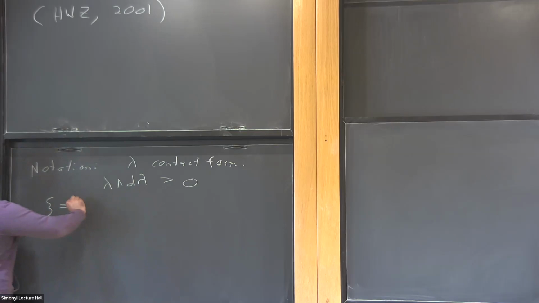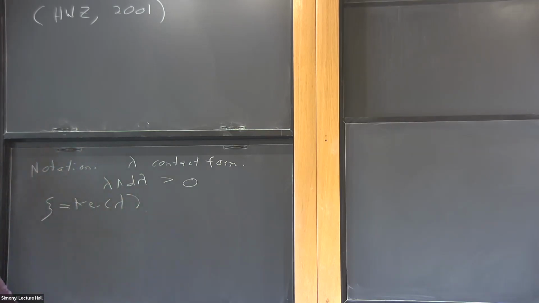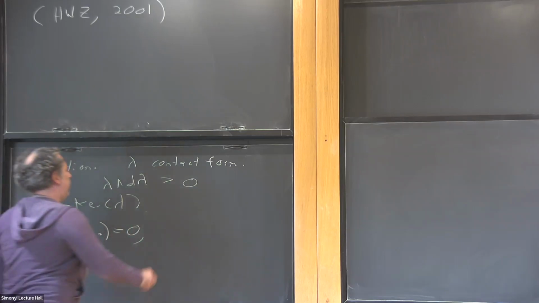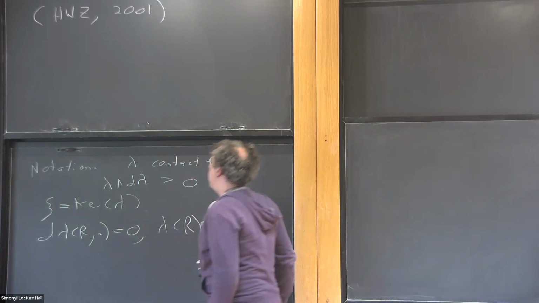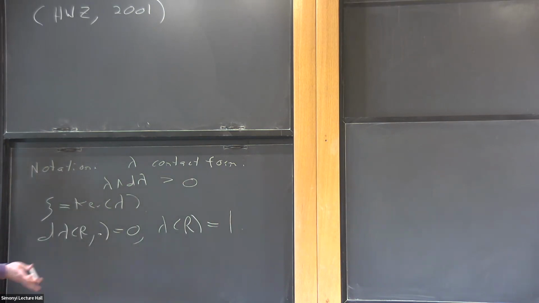So I'm going to be interested in the kernel of lambda, the associated contact structure. And I'm also interested in the so-called Reeb vector field, which is in the kernel of d lambda, and the closed orbits of the Reeb vector field are called Reeb orbits.